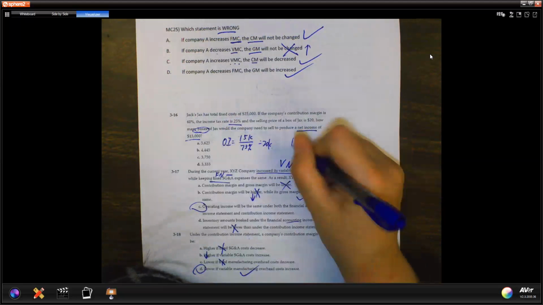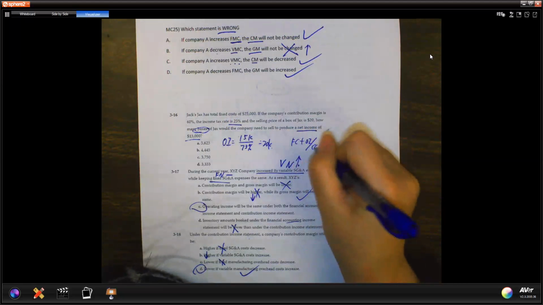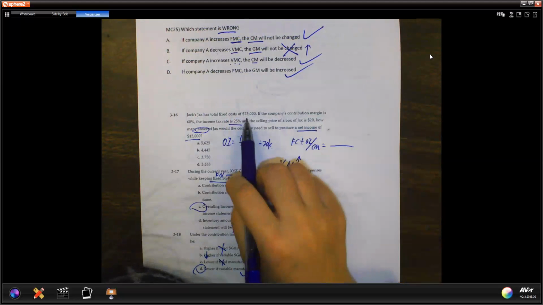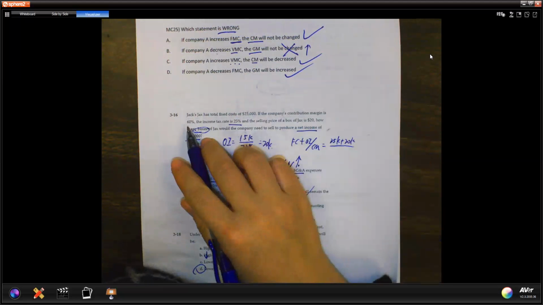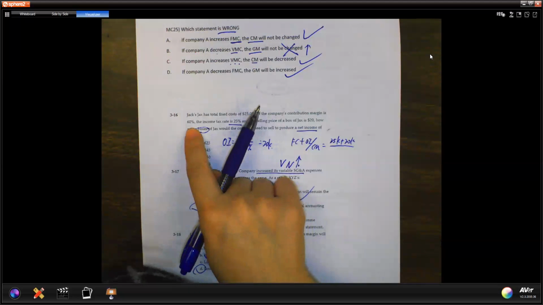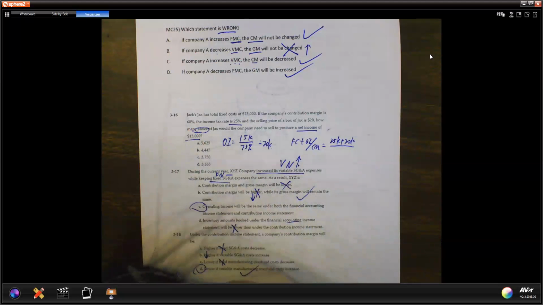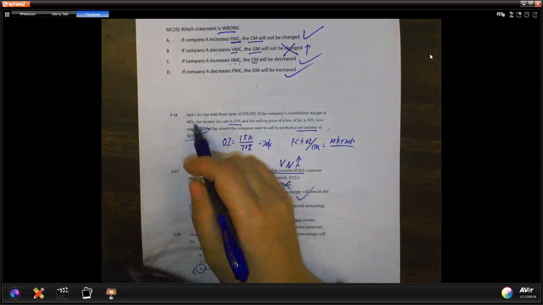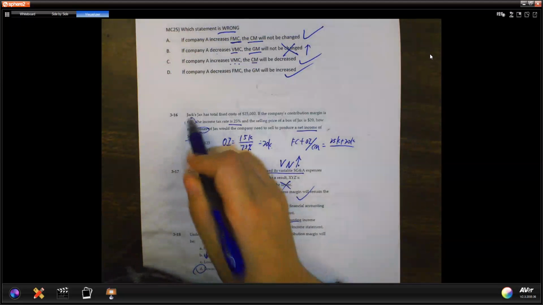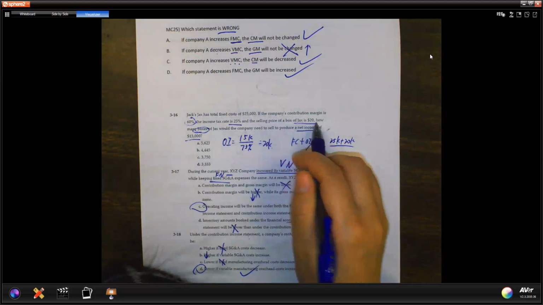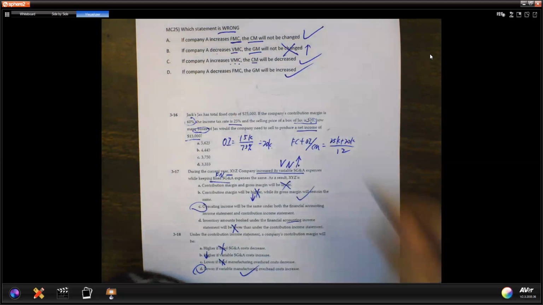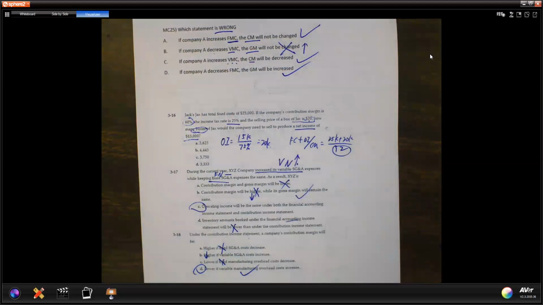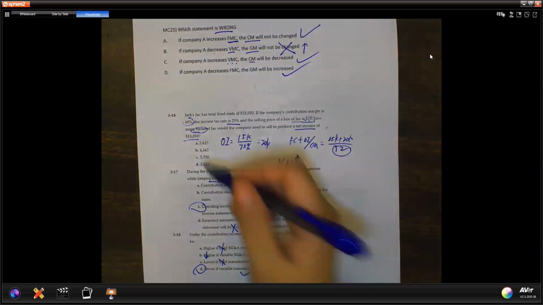We said fixed cost plus operating income divided by contribution margin. Fixed cost 25,000 plus 20,000, divided by your contribution margin. Contribution margin percentage is 60%. Selling price is $20, so our contribution margin is $12. So this is one more tricky one, right? If you do that, you should be able to get the answer C.